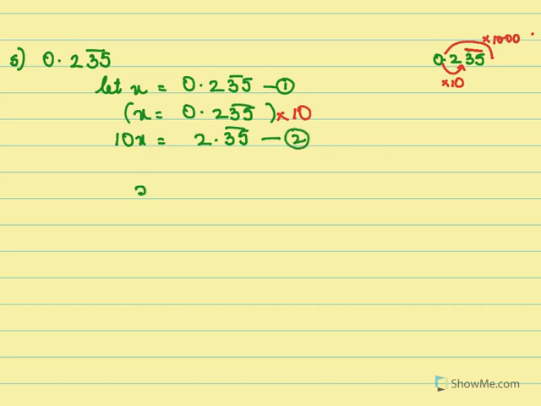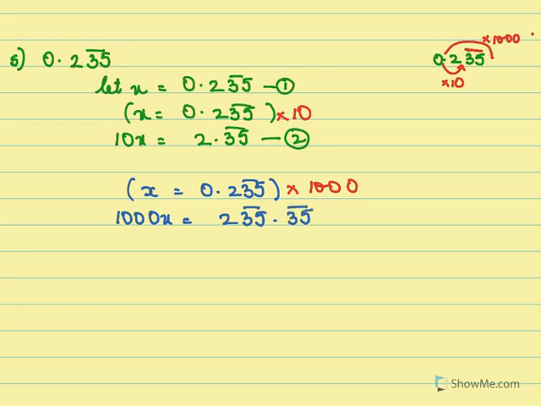Now the same equation, my next step, I have x equal to 0.235 bar, and I'll multiply this now by 1000. So on multiplying by 1000, I will get 1000x equal to 235.35, but the 35 keeps repeating. This is equation 3. So let me subtract both the equations.